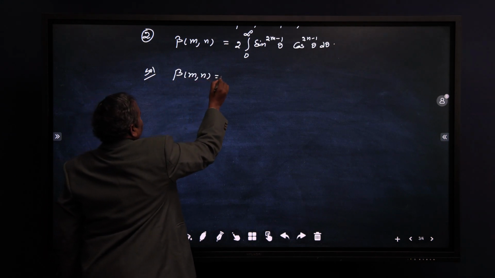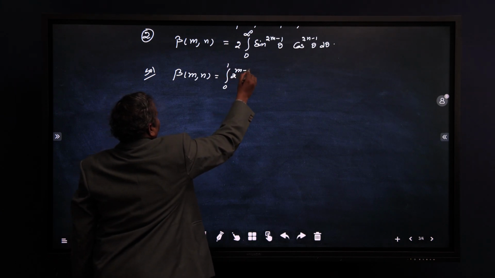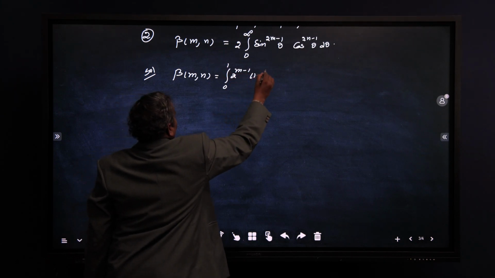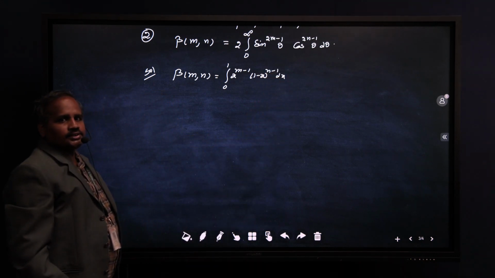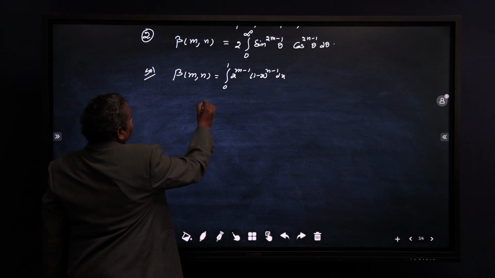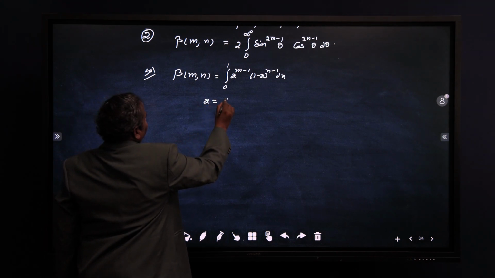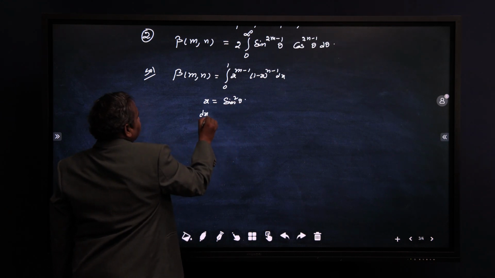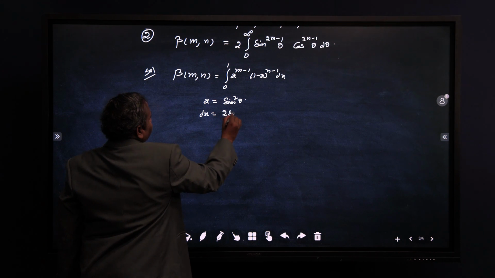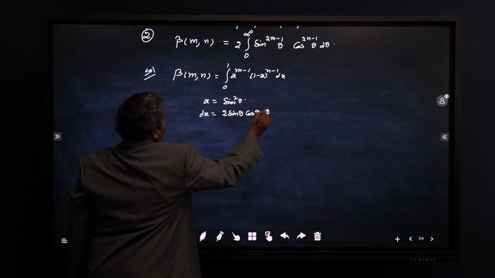Beta of m comma n is equal to integral 0 to 1 x power m minus 1 into 1 minus x power n minus 1 dx. Here use the substitution x is equal to sine square theta. Then dx is equal to 2 sine theta cos theta d theta.